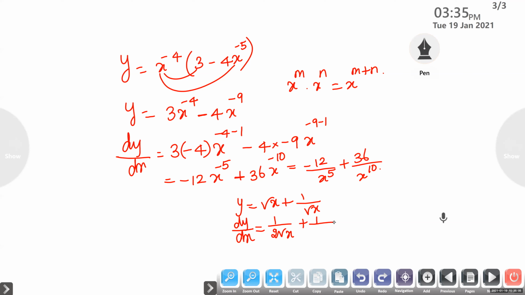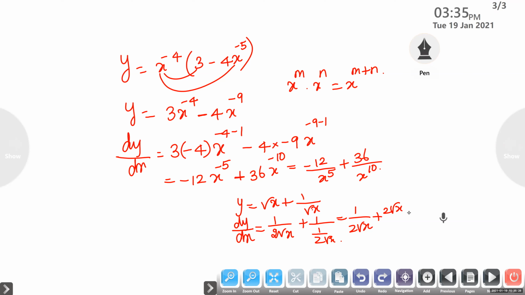That way you can do it, but you can't keep the one as such. Check your answer. Root x plus 1 by root x would be the same as 2 root x. Is that the answer you are getting? No, so it is not possible.